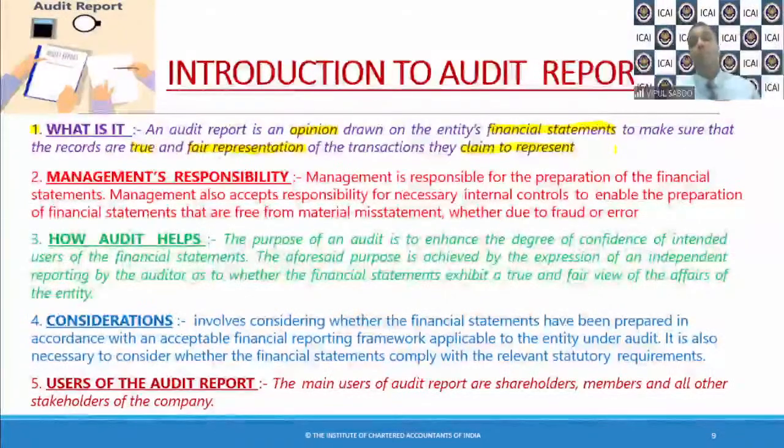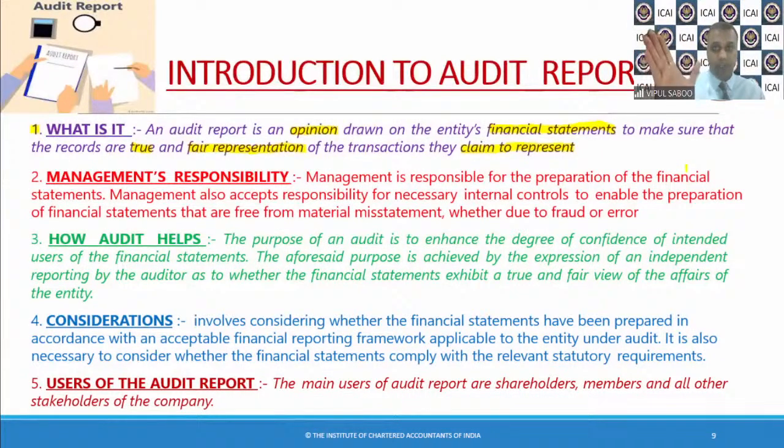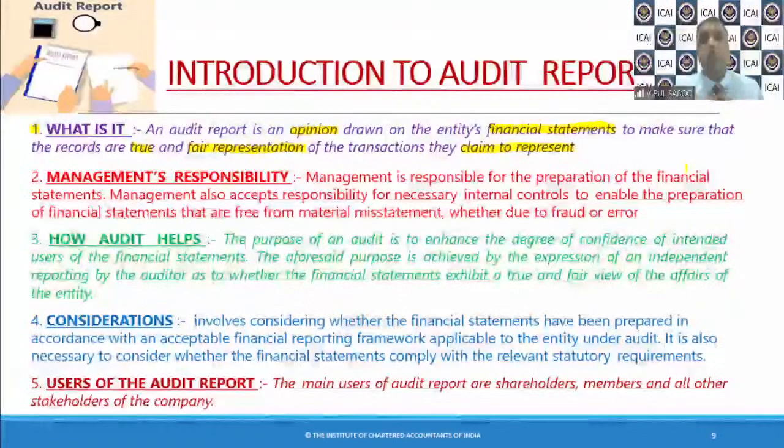Now he has to form an opinion. And what is the opinion all about? Here is the management which says that yes, our financial statements represent a true and fair view. As an auditor, I have to verify whether their contention is correct or not, whether their financial statements actually represent a true and fair view, as they claim. They will always claim, oh, completely fine, without any error or mistakes.